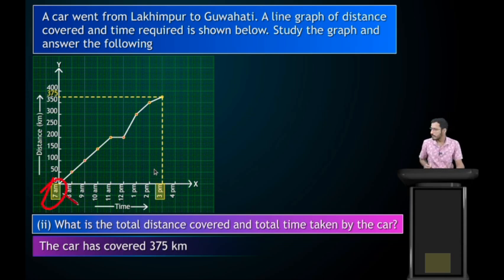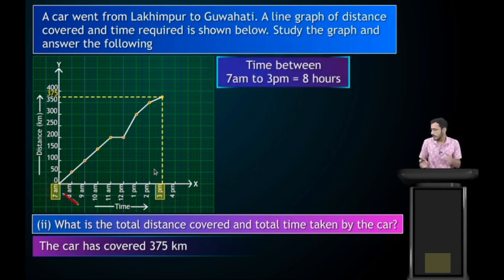The car starts from 7 a.m. and reaches at 3 p.m. The difference between 3 p.m. and 7 a.m. is 8 hours. So the total distance covered by the car is 375 kilometers, and the total time taken is 8 hours.